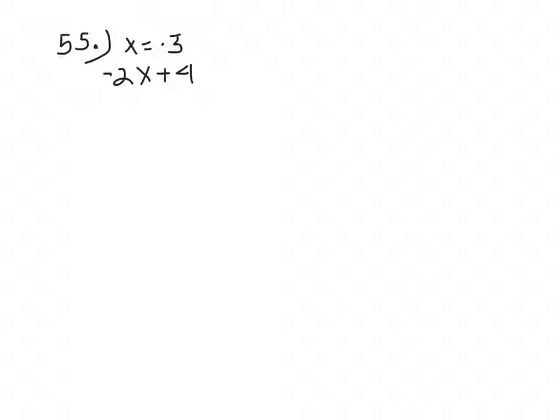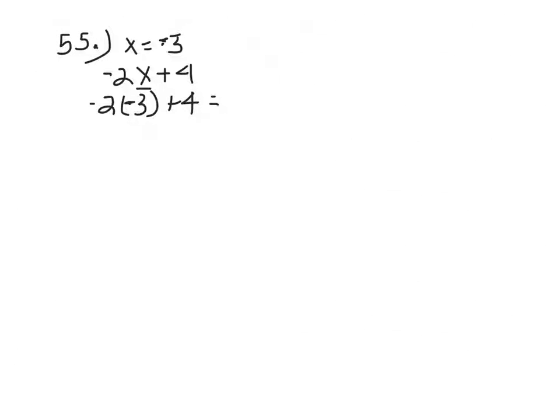When I'm plugging in an input, I take my negative 3 and I put it right here. So my equation is this, or my function is negative 2 times negative 3 plus 4. Remember your order of operations. I have to do my multiplication first. What is negative 2 times negative 3?